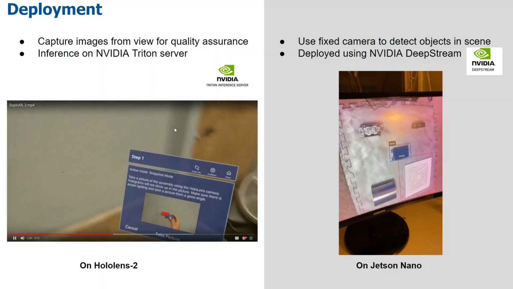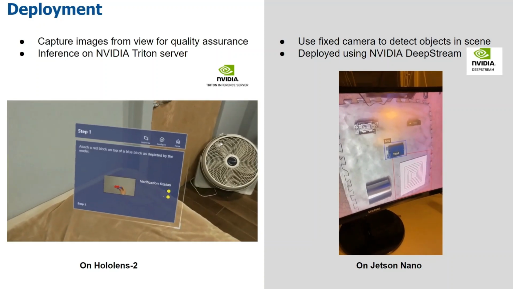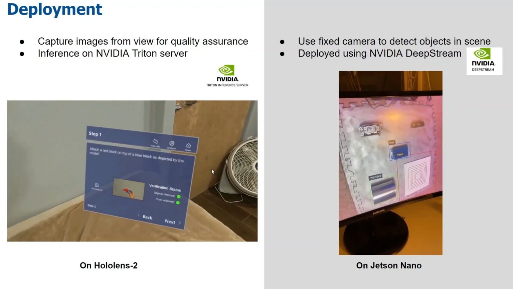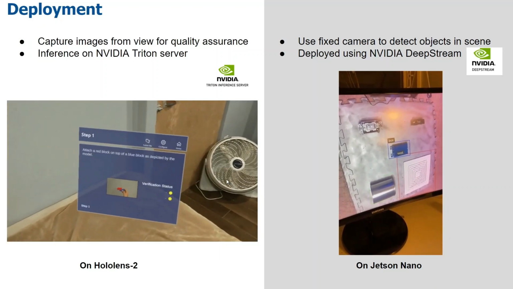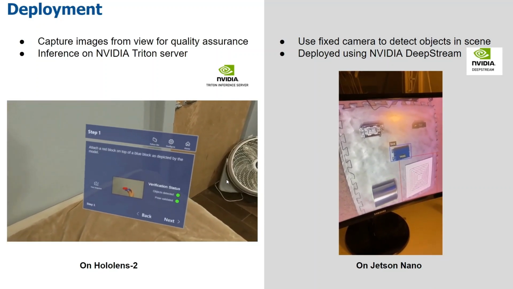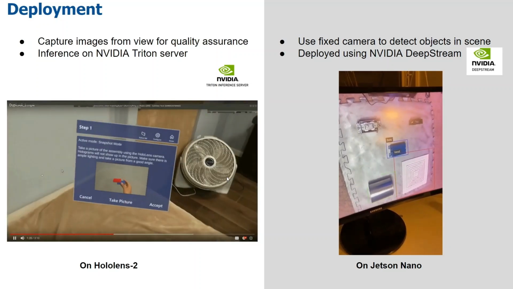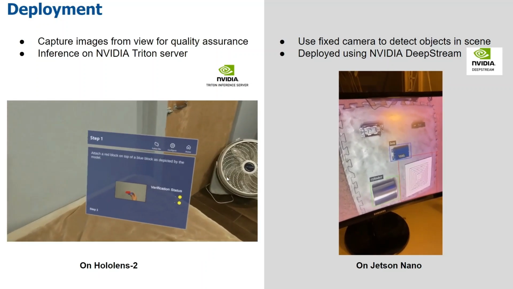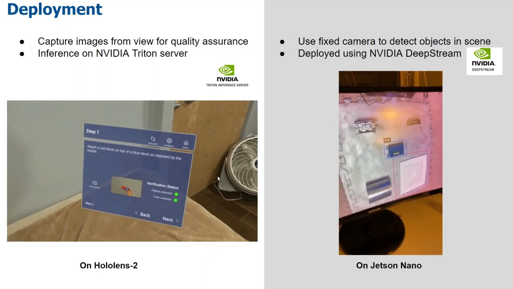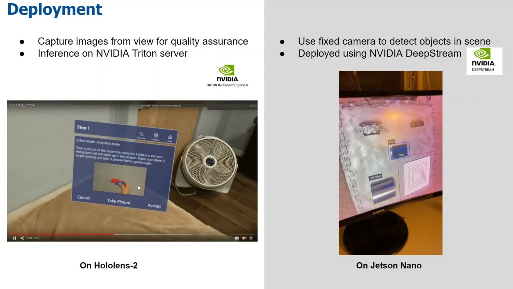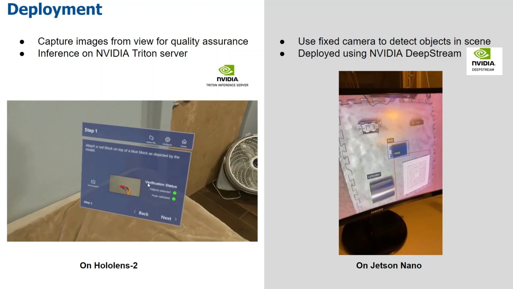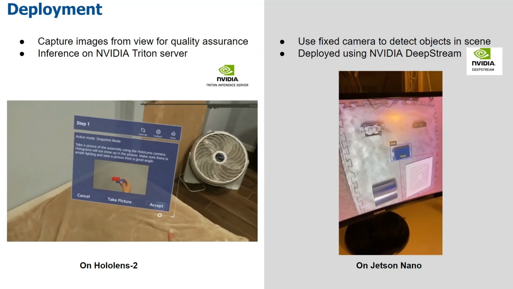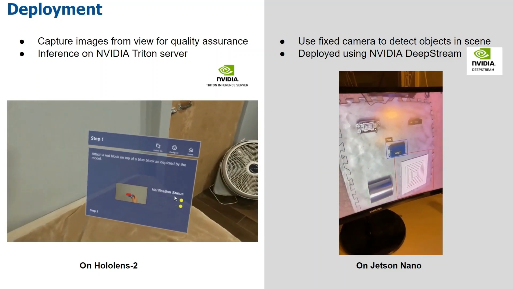On the left side here, you can see a video snippet from our HoloLens experience, where users can take a picture of their assembly, send the picture to the local Triton Inference Server, and get back object detection results. In the example, we take a picture of the Duplo blocks and get back object detection inference results. Because both blocks were detected, the verification passes.